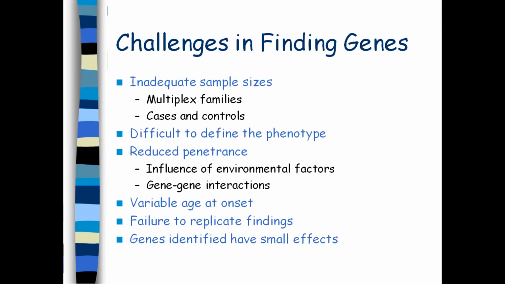So what are the various challenges in finding those genes? These are inadequate sample size, multiplex families, cases and controls, difficulty defining the phenotype, reduced penetrance, influence of environmental factors and gene-gene interaction, variable age at onset, failure to replicate findings, and genes identified having small effects.